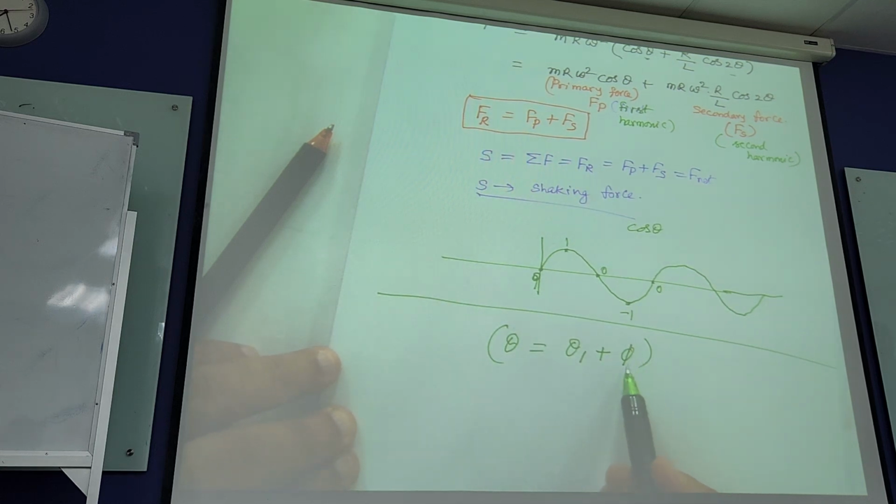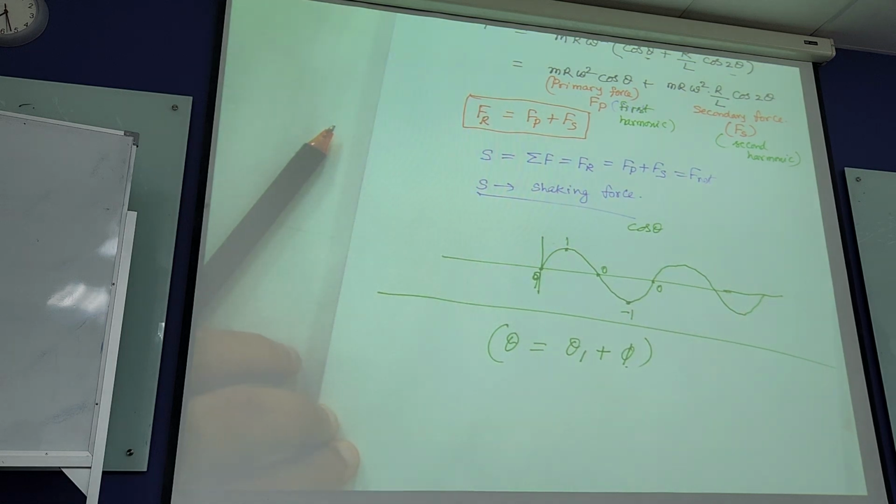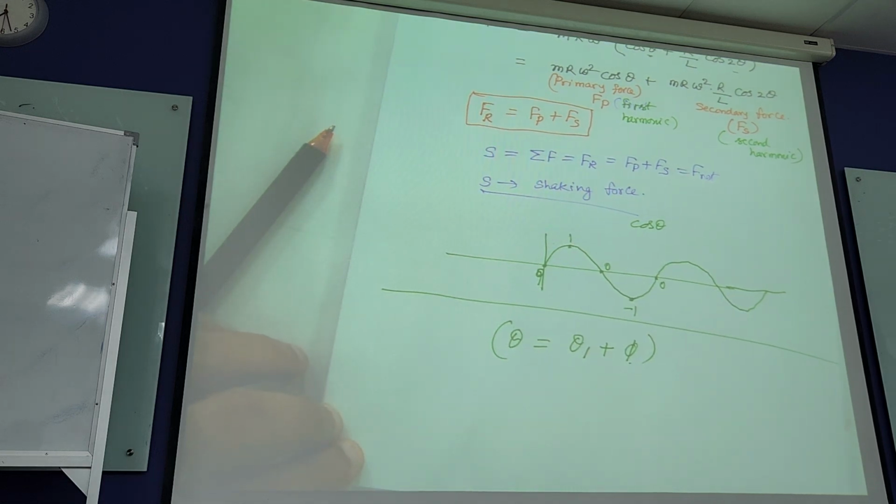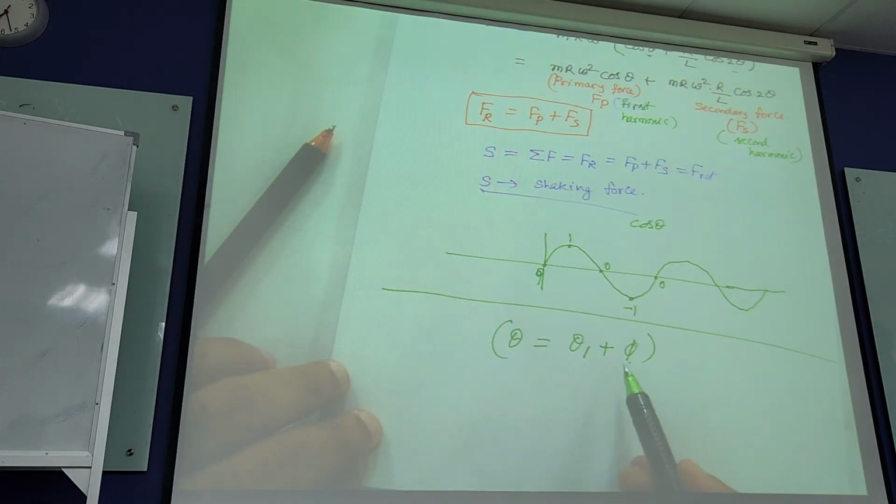In a 3-cylinder engine you have phi 1, phi 2, and in a 4-cylinder engine you have phi 1, phi 2, phi 3. Phi is basically the angle between cylinder 1 to 2, then 2 to 3, 3 to 4 like that. Therefore you can write theta as theta 1 plus phi.